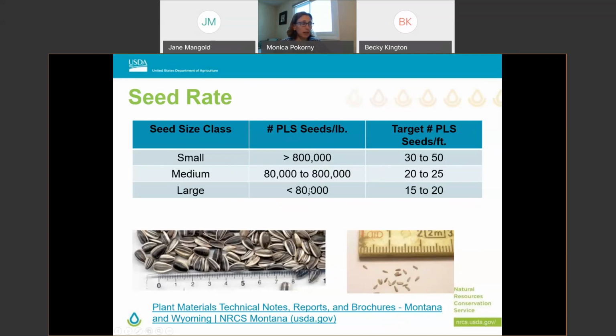And then if you're planting larger seed, that's maybe 80,000 seeds per pound, we decrease that rate just a little bit. And that's because kind of the opposite. These have a lot of carbohydrate reserves. They do well germinating. They take up more space. A lot of times they're more competitive.